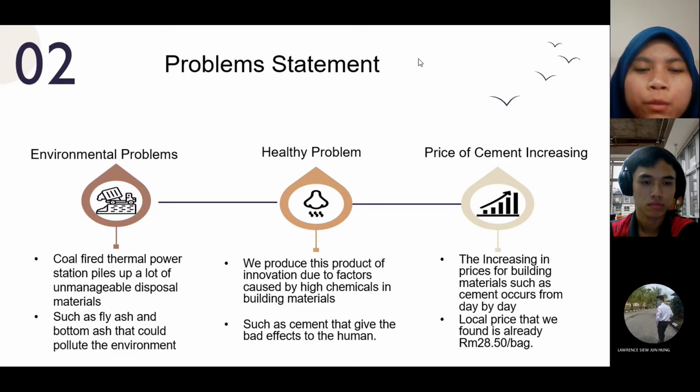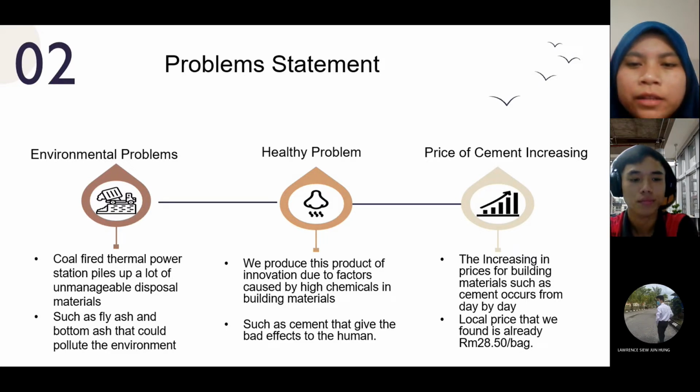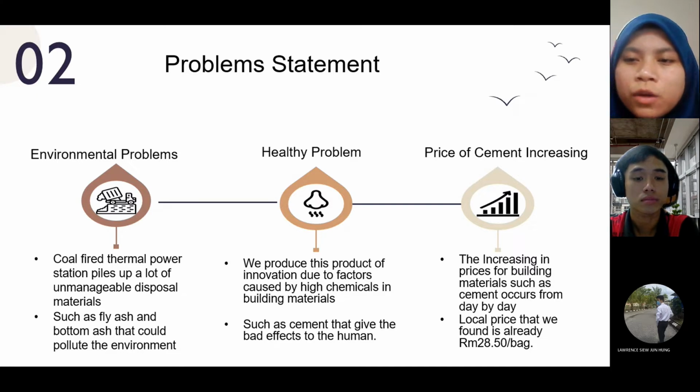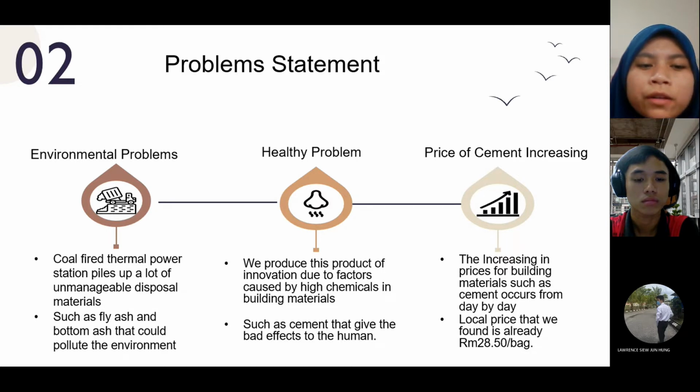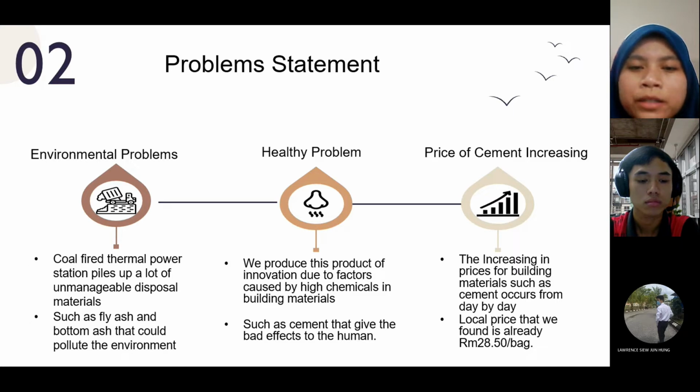This is our problem statement. First is the environment problem, second is the health problem, and third is the increasing price of cement. For the environment problem, coal-fired thermal power stations pile up a lot of unmanageable waste materials such as fly ash and bottom ash.